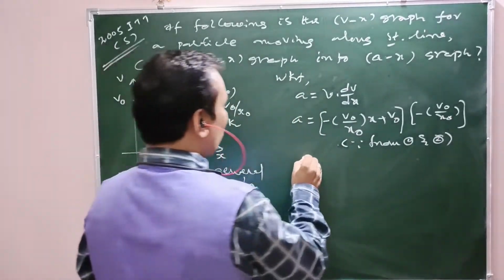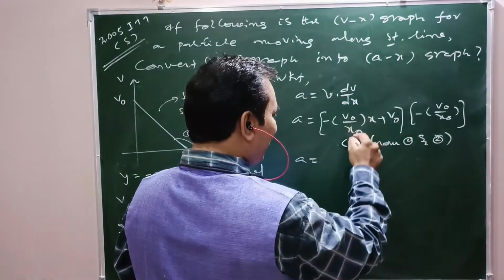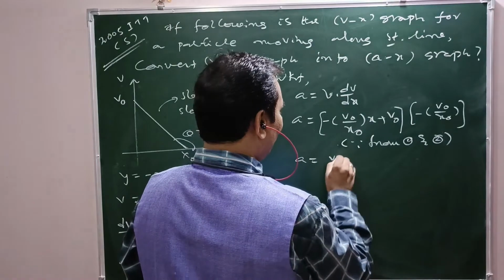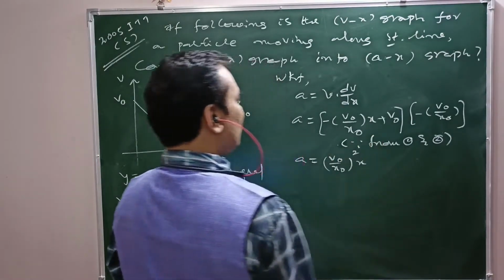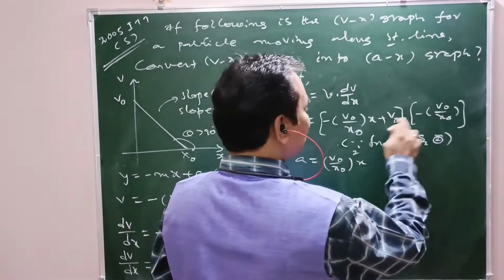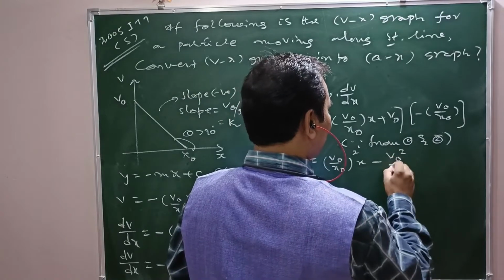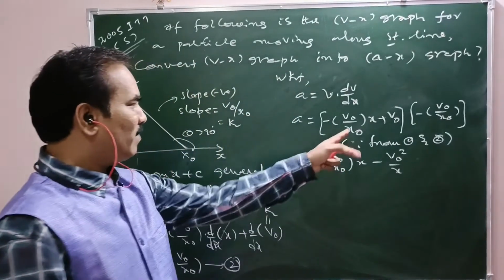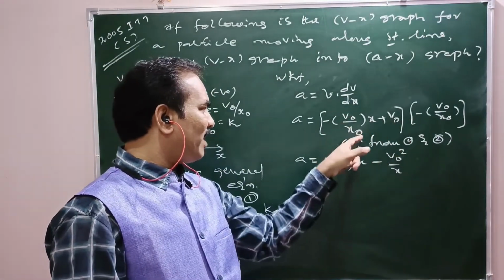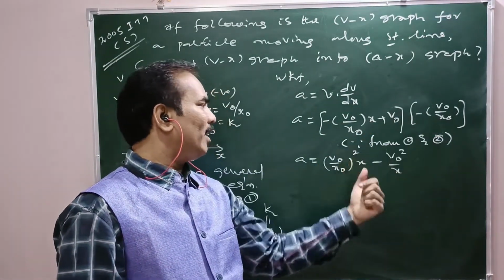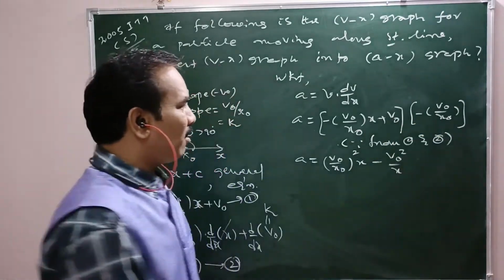That is a equals minus or minus plus v naught by x naught into v naught by x naught, that is v naught by x naught whole square into x, plus or minus v naught square by x naught.